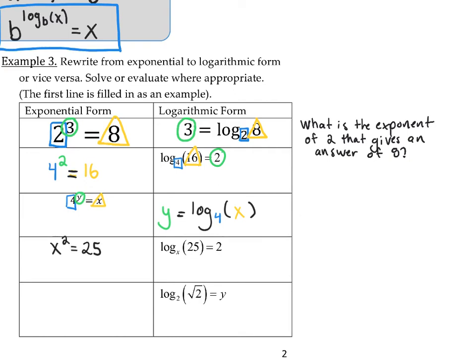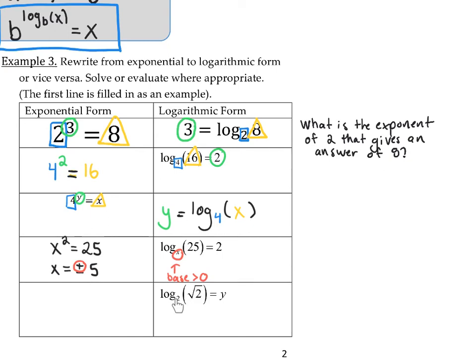And we are going to go ahead and actually solve that. We know that x could equal plus or minus 5. But just like on exponential functions, the base cannot be negative. So remember, this is the base, and the base always has to be greater than 0. So then x equals 5.